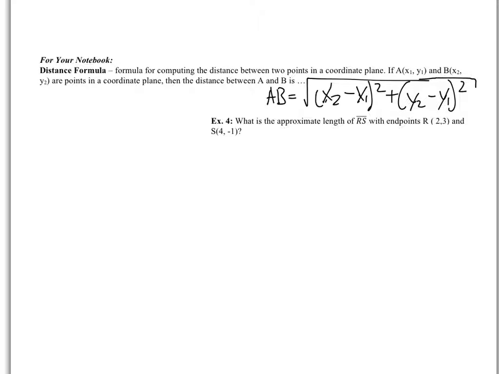What is the approximate length of RS, where R is (2, 3) and S is (4, negative 1)? So we're going to use our formula and figure out what points we have in this problem. So instead of AB, I'm going to write RS, and then RS equals my square root, parenthesis, my x2.